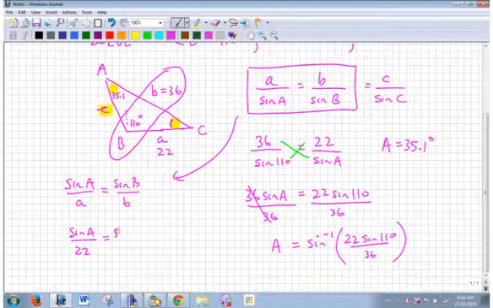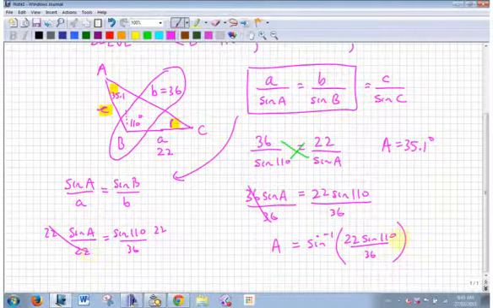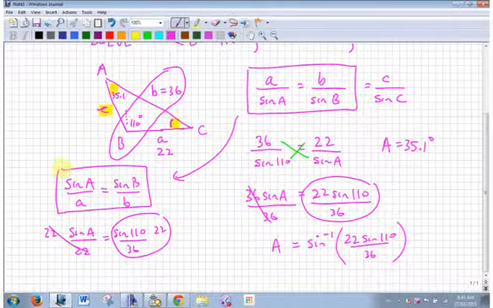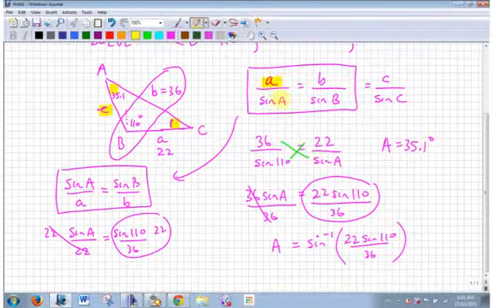So if I did it this way, how would I solve that for sine A? All I would have to do is multiply both sides by 22. Do I get the same thing? Yes, I do. So you can do that if you want. If you're solving for a side, you probably want to write it like that. If you're solving for an angle, well, you can do that. It'll just save you one step. If algebra isn't your thing, you can do that.